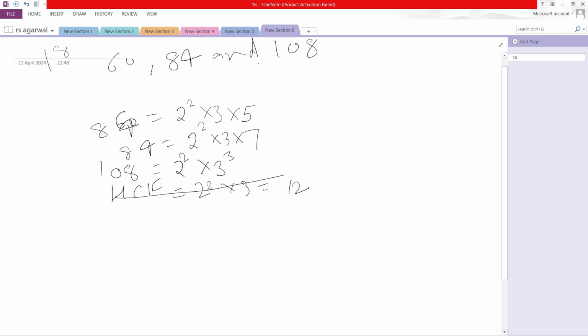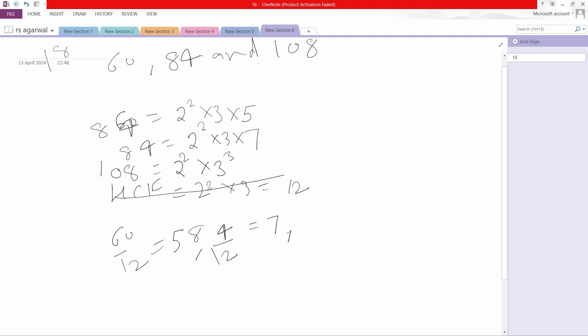Now we have to find the total number of rooms. Since for Hindi there are 60 people, we divide 60 by 12 equal to 5. After that for English total 84 people, so we divide 84 by 12, which is equal to 7.